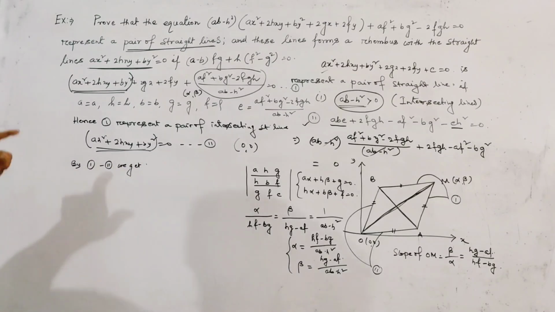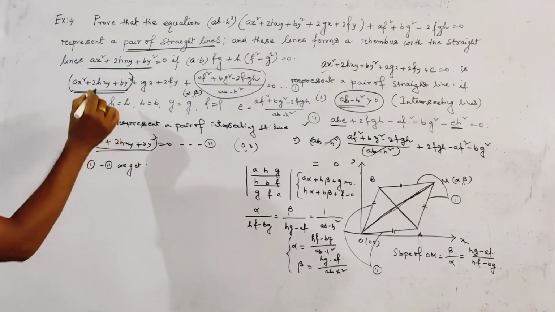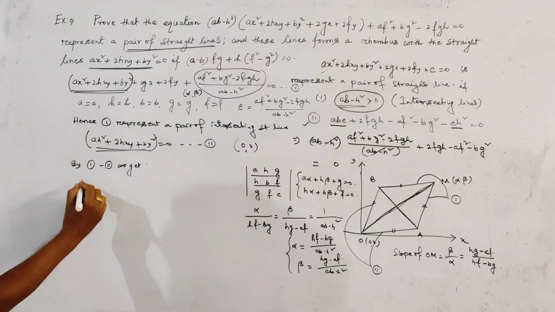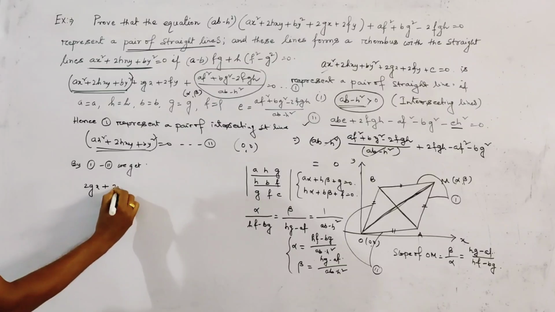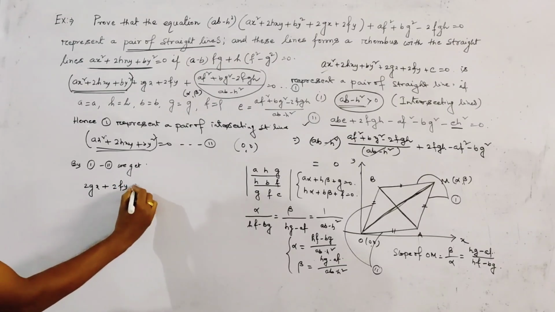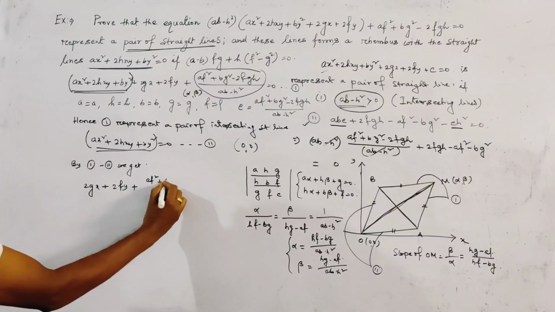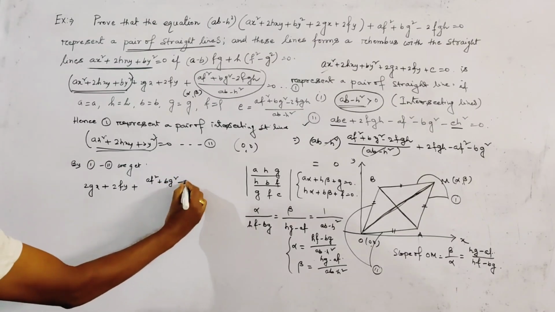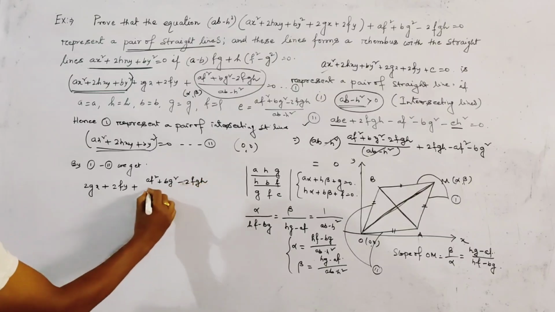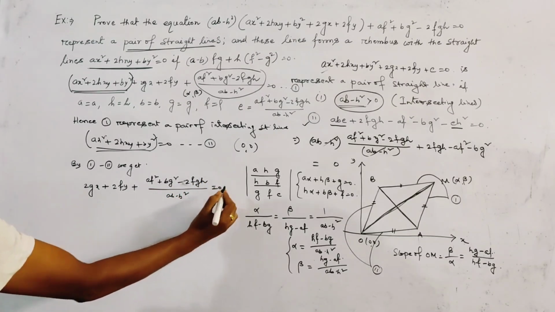These terms cancel out, and we get the relation 2gx plus 2fy plus, we write af square plus bg square, sorry, this is minus 2fgh by ab minus h square, equal to 0.